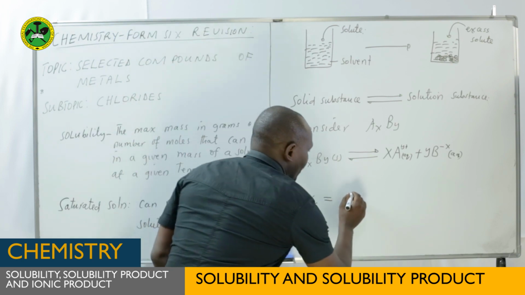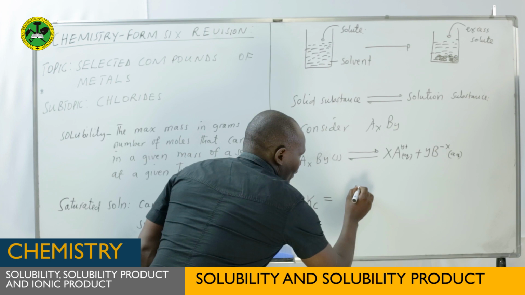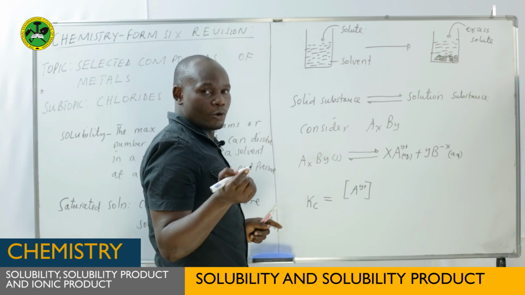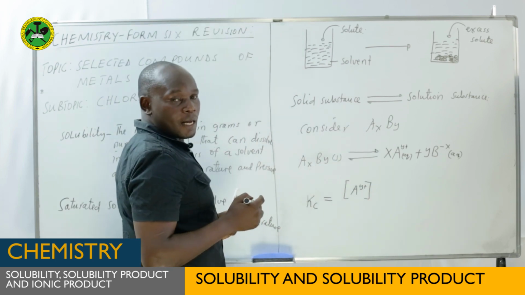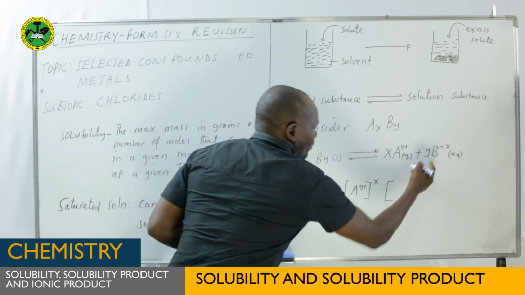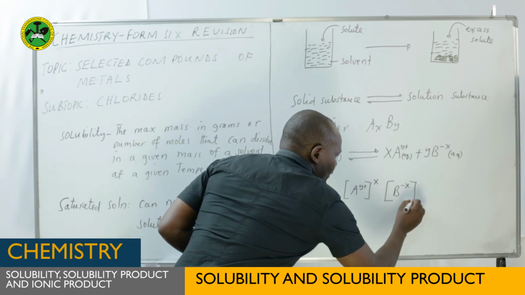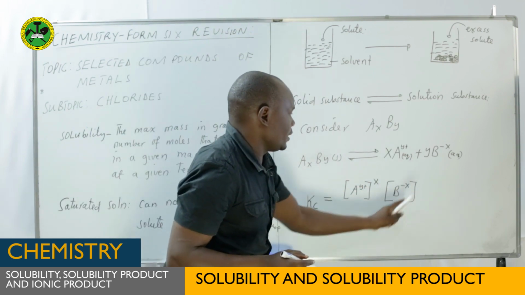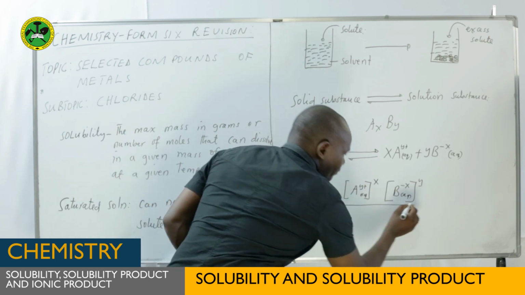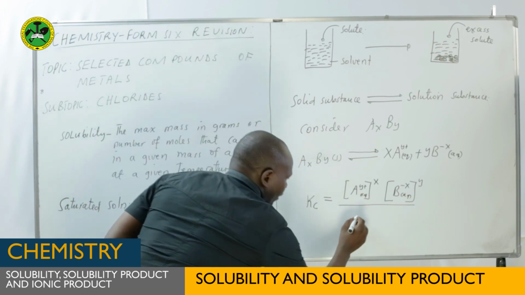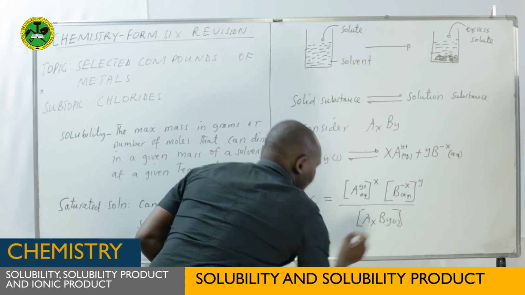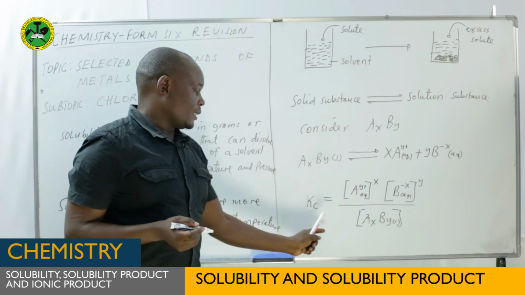So you have the concentration of A raised to the power of its stoichiometric coefficient x, times the concentration of B raised to the power y, both aqueous, divided by the concentration of the solid AxBy.